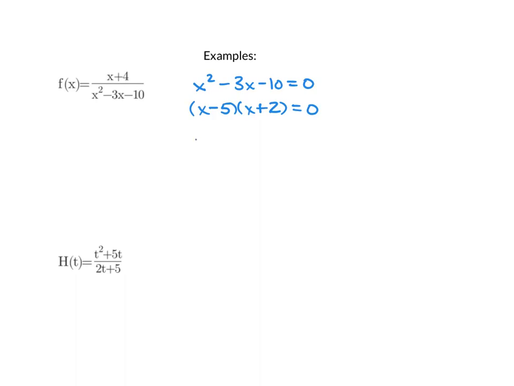If we set each one of these equal to 0, we can solve the first one by adding 5 to both sides. The second one, we can subtract 2 from both sides.